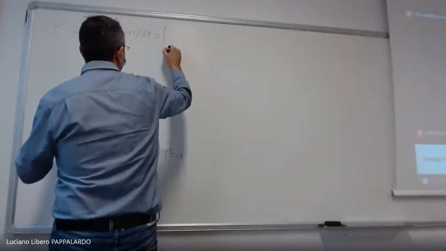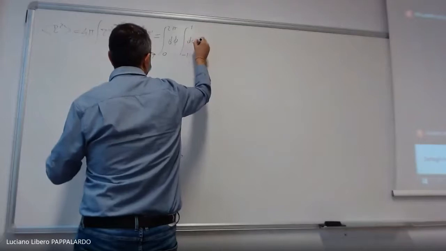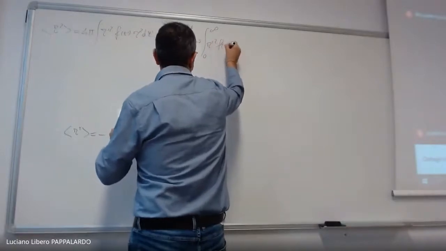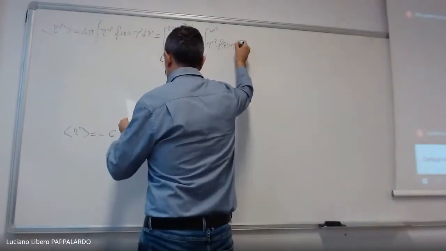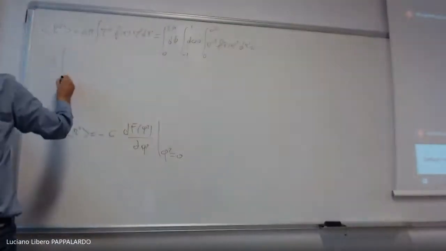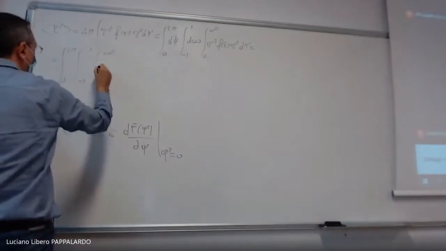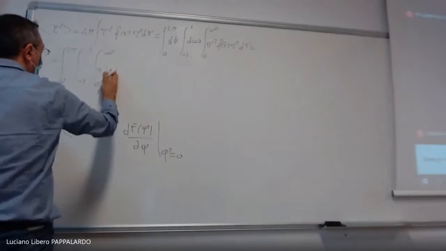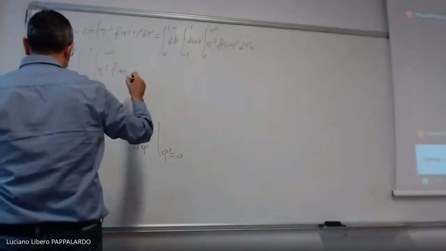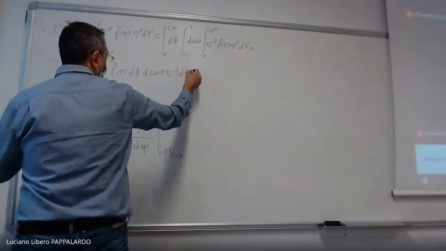So this is the integral from 0 to 2 pi of d phi, integral from -1 to 1 of d cosine theta, integral from 0 to infinity of r' squared f(r') r' squared dr'.